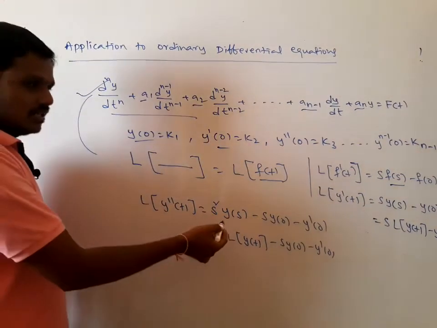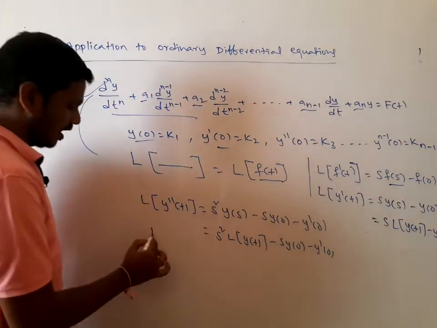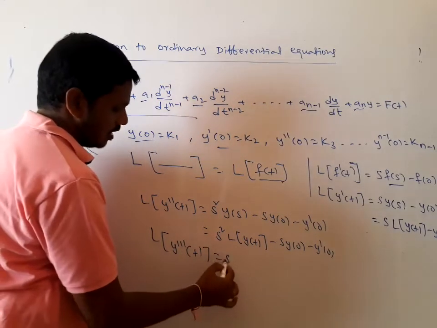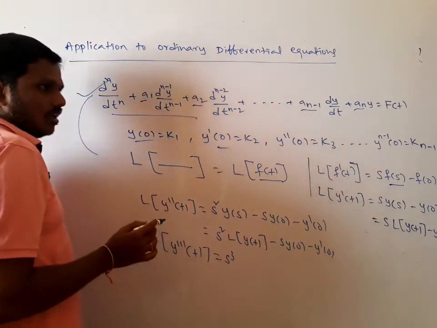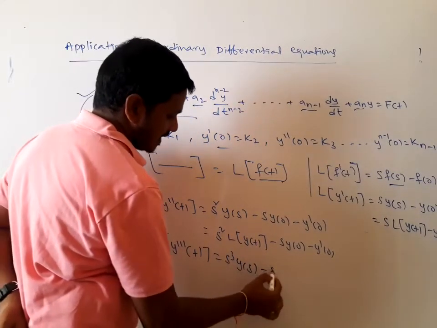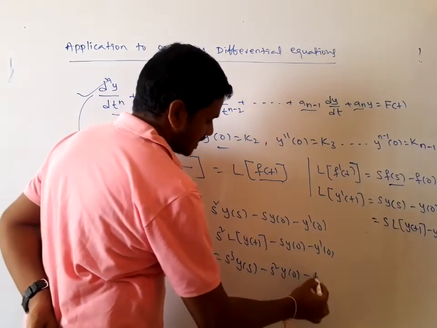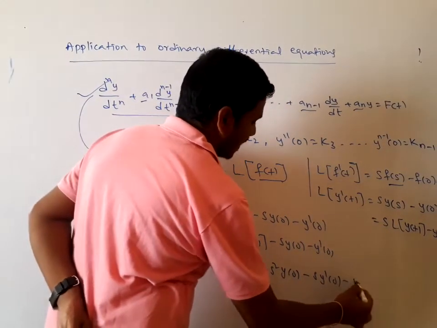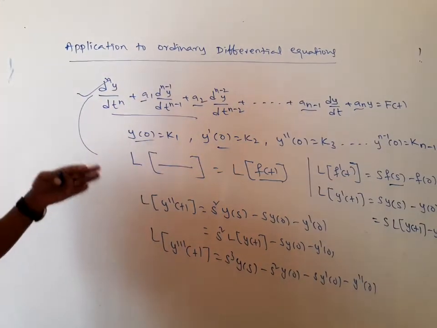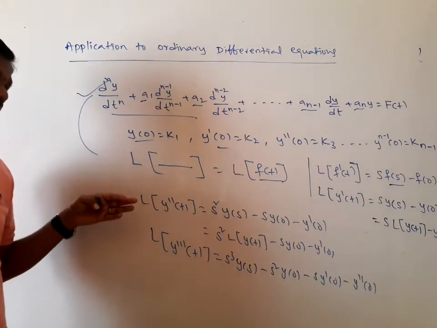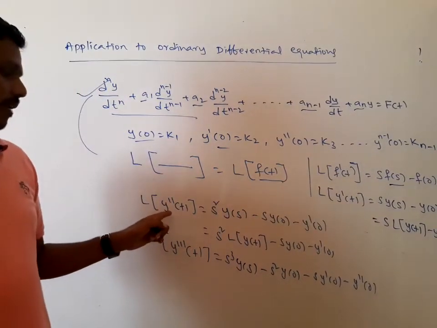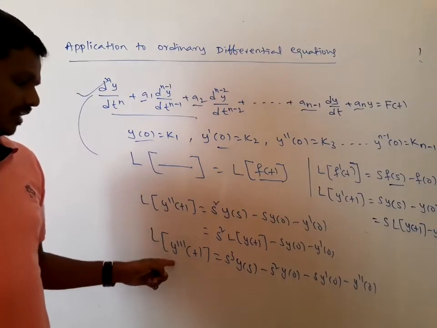Let's replace them. Like that, from this you can write the Laplace transform of y triple dash of t also. If the third order equation is given, it is equal to s cube y of s minus s square y of 0 minus s y dash of 0 minus y double dash of 0. This is the way of writing the Laplace transform of higher order derivative terms: the Laplace transform of y dash of t, y double dash of t, y triple dash of t.